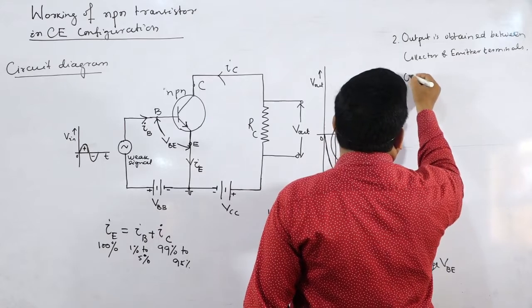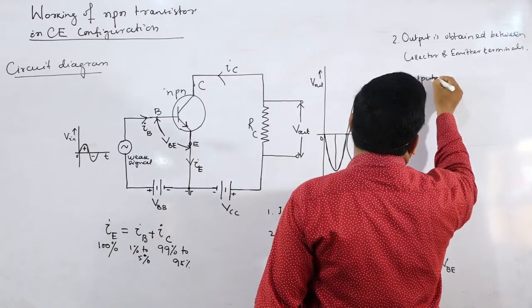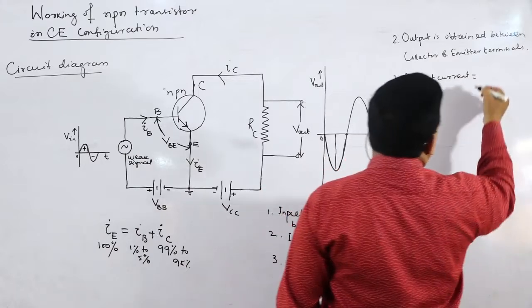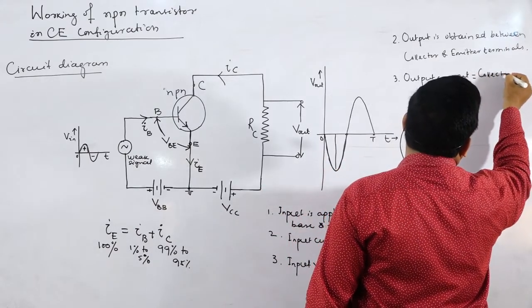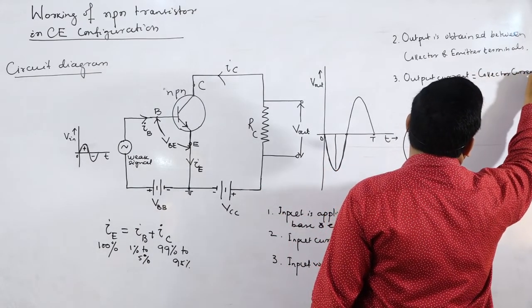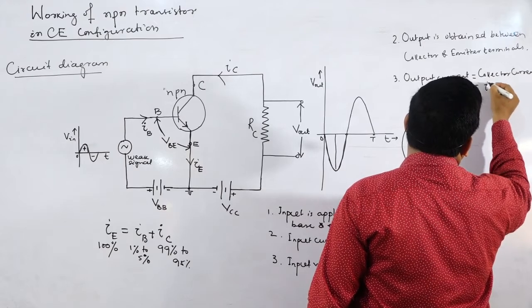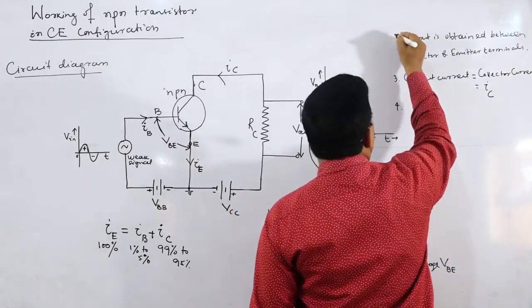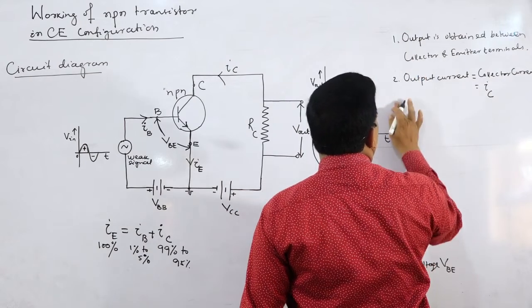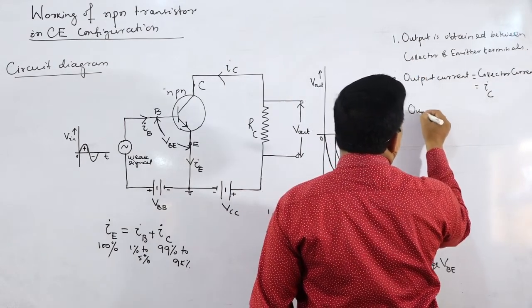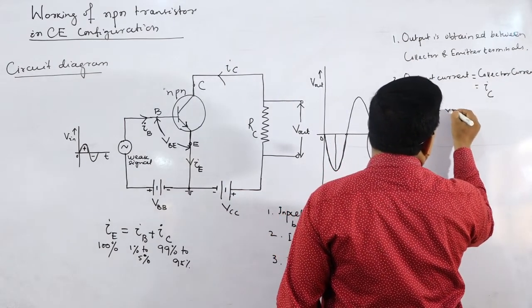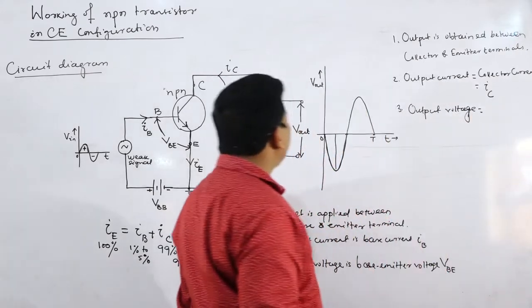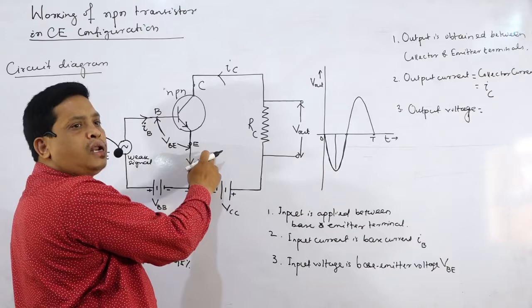Output current is equal to collector current, that is equal to small i capital C. Output voltage is equal to collector emitter voltage.